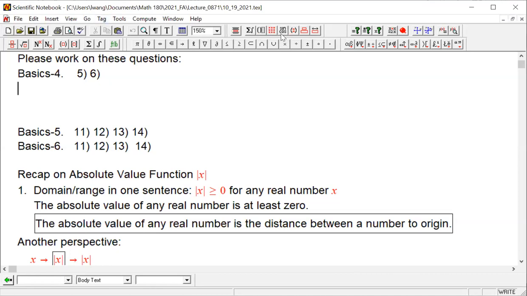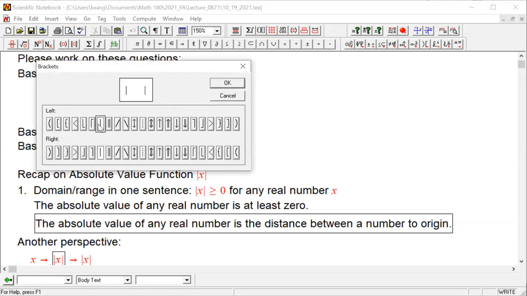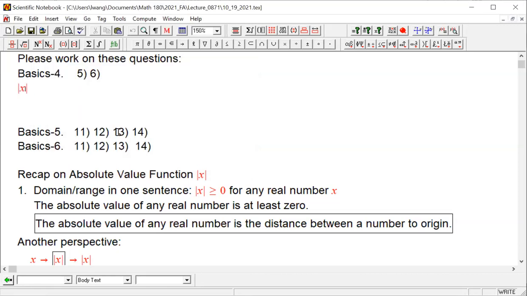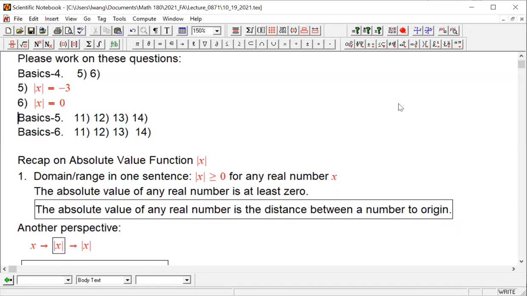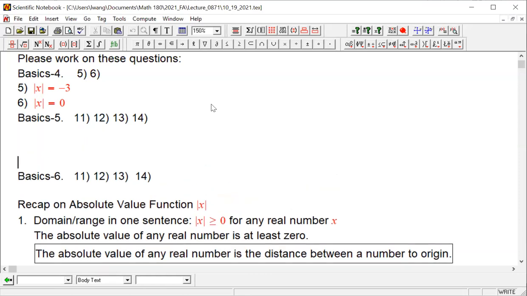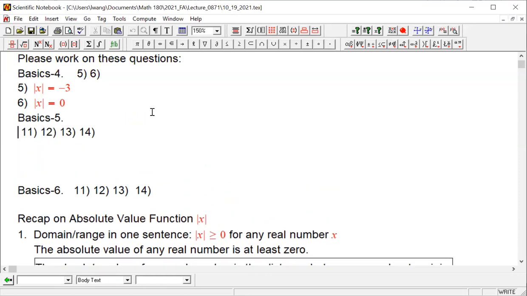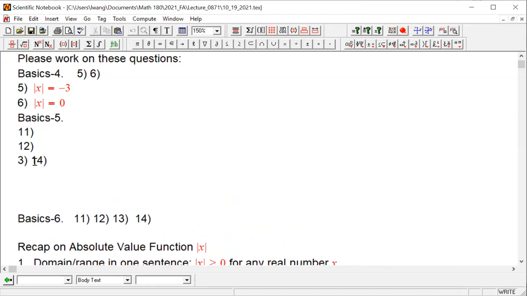We have the absolute value of x equals -3. That's number 5. Number 6, the absolute value of x equals 0. Right? Then 11, 12, 13, 14.